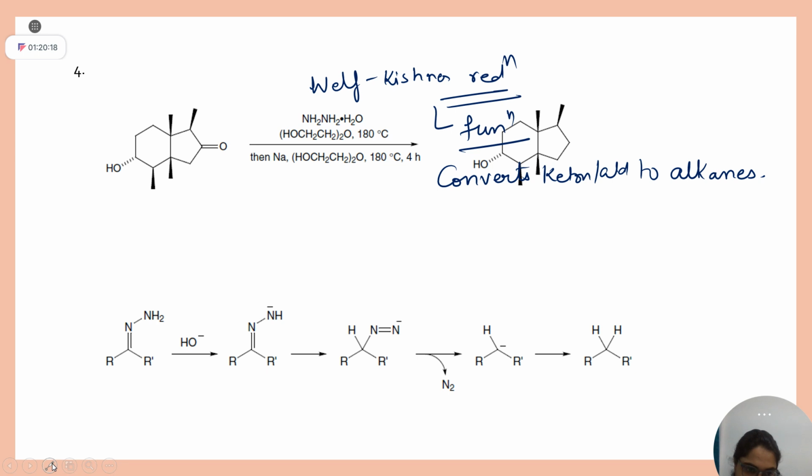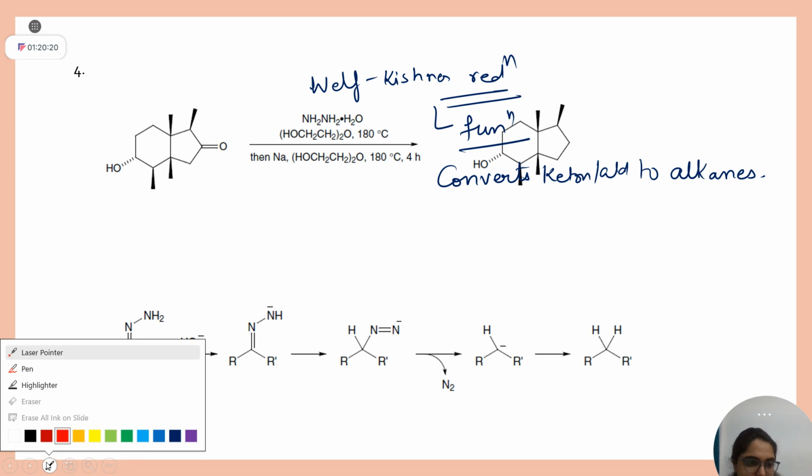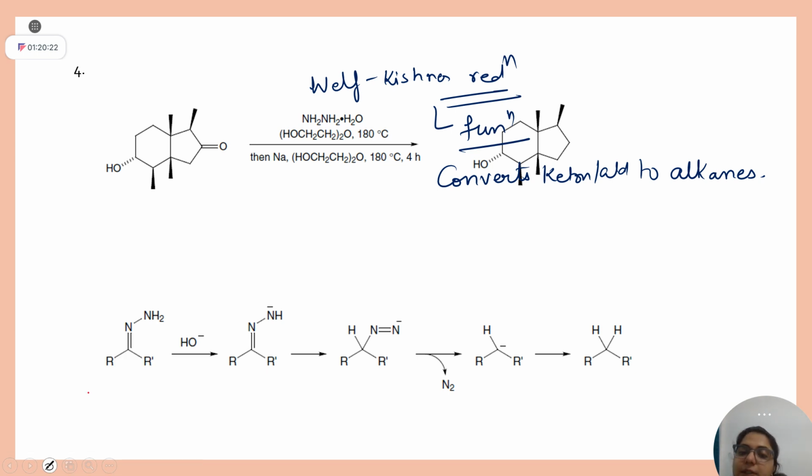Examiner can give you other electrophilic sources as well. So that let's say they give R'Br. So in that case you will be getting R'R''. Right.